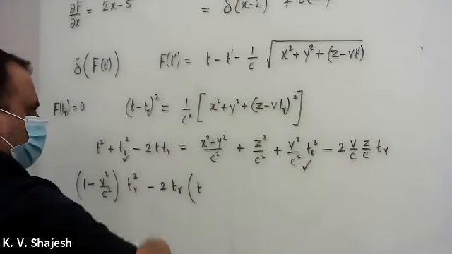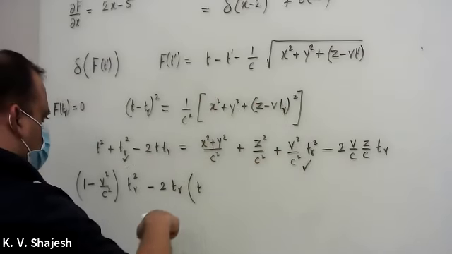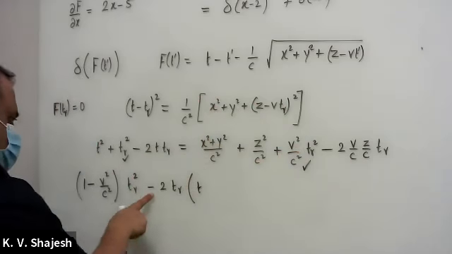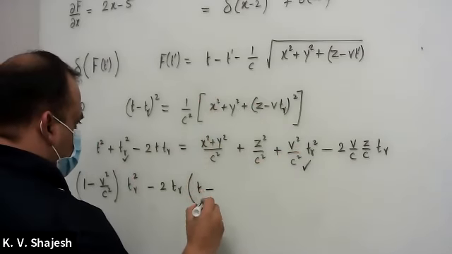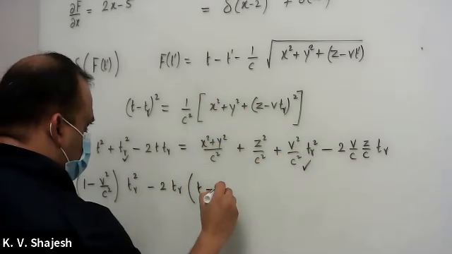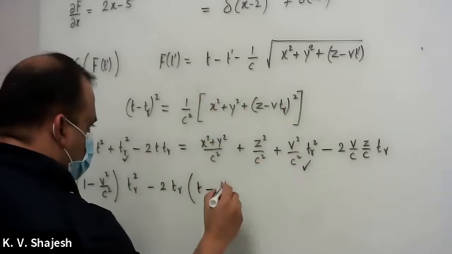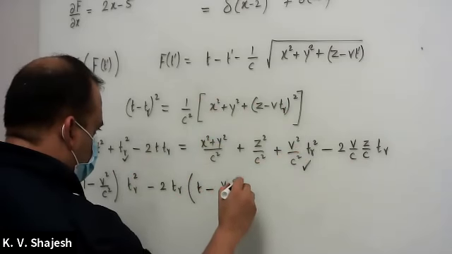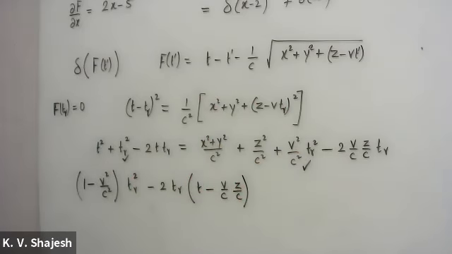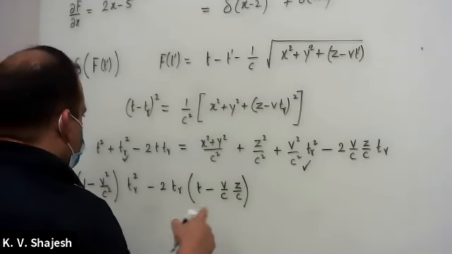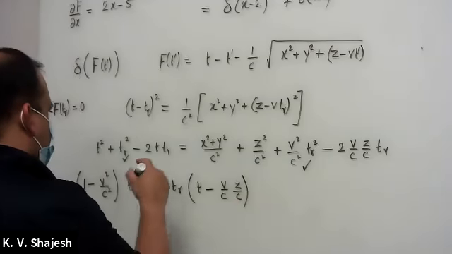When this moves to the left, it becomes a plus, but I have taken the negative out, so this is minus of v over c and z over c. It looks like an odd combination of factors, but we will see that there is some interpretation. Remember the gamma, right? There are so many things happening in the Lorentz transformation.